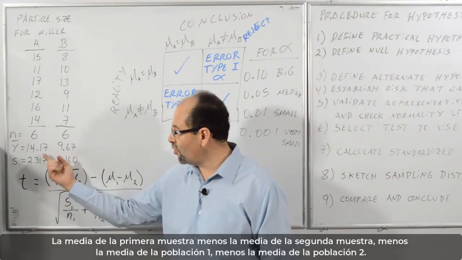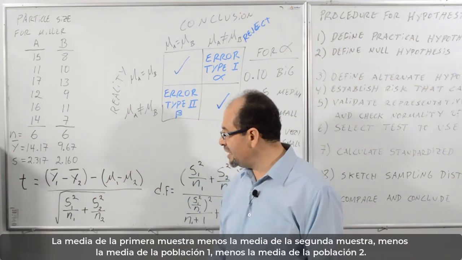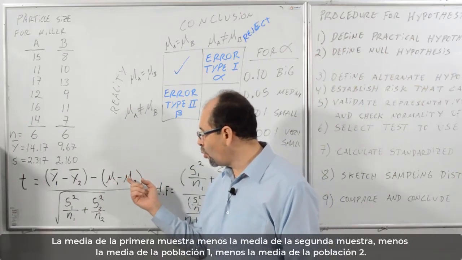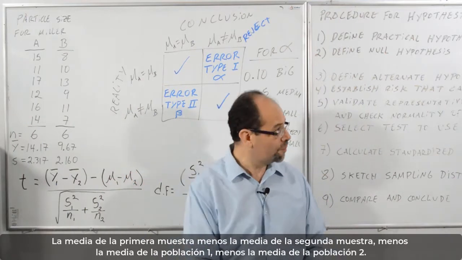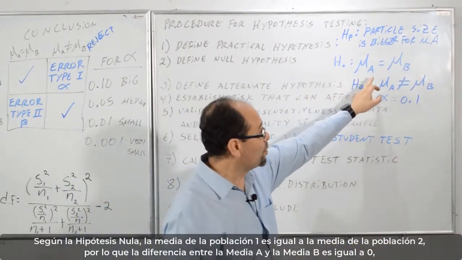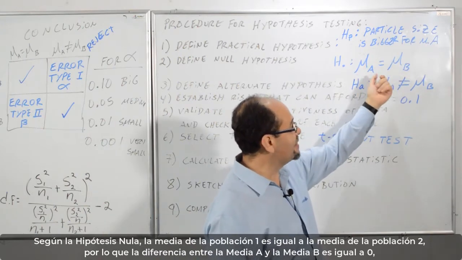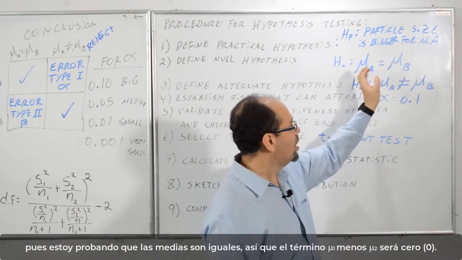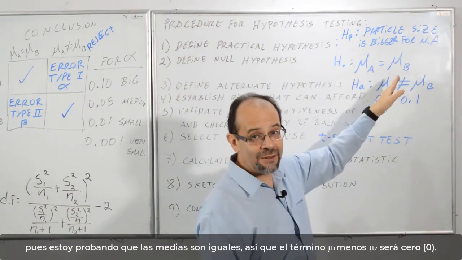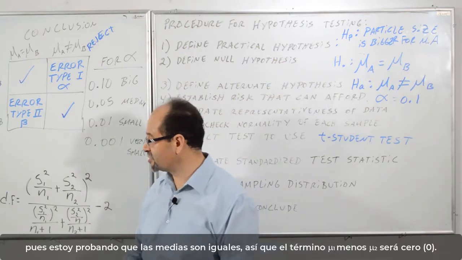The mean of the first sample minus the mean of the second sample, minus the mean of population 1 minus the mean of population 2. The difference is equal to 0, because I'm assuming that both are the same. Then if I subtract one from the other, the difference will be 0.